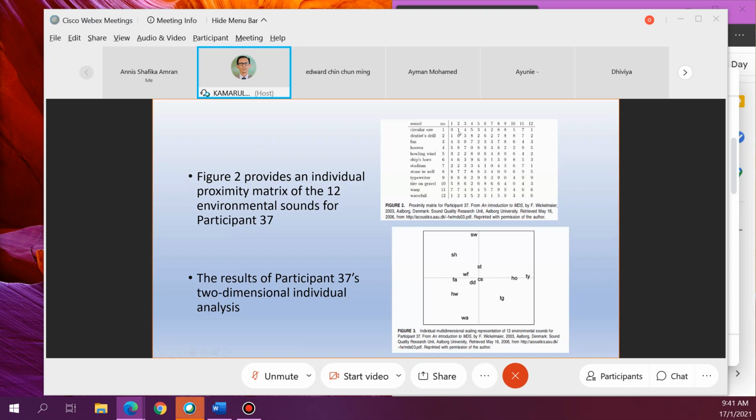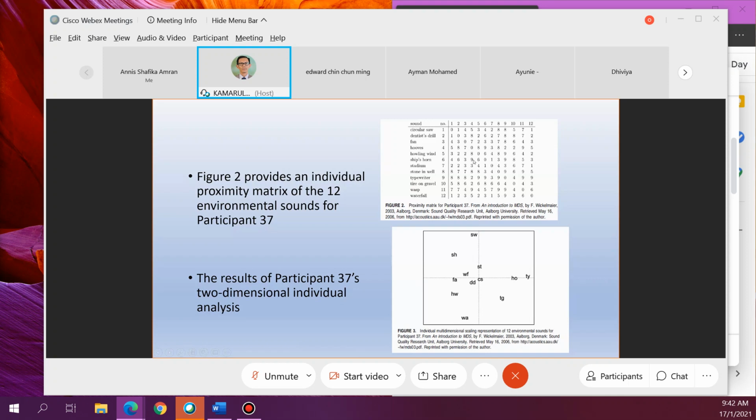If you look here, circular saw is very similar to dentist drill. And waterfall is similar to circular saw. Stadium and number six, 1, 2, 3, 4, 5, 6.